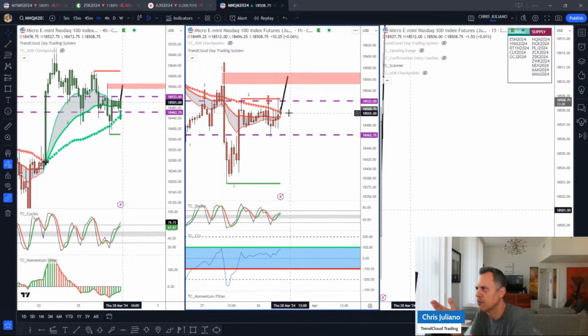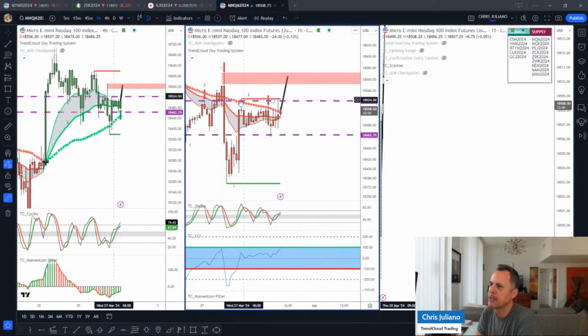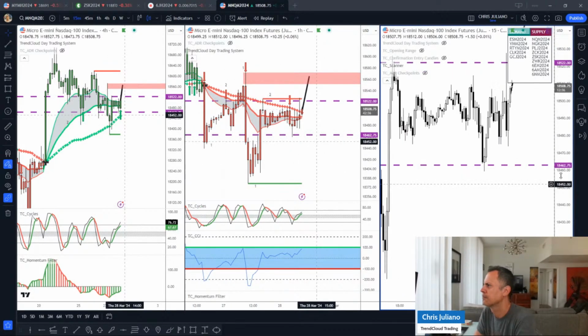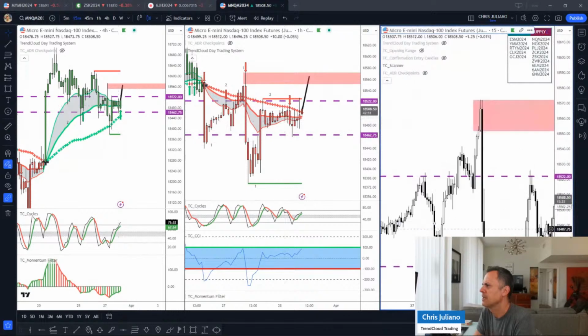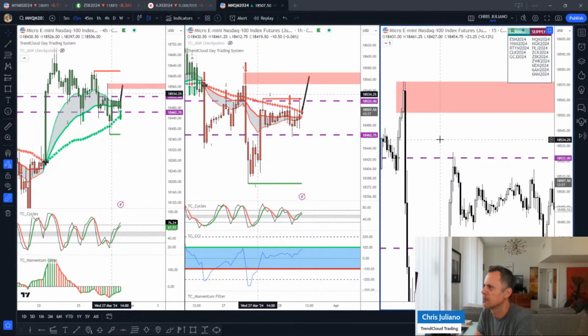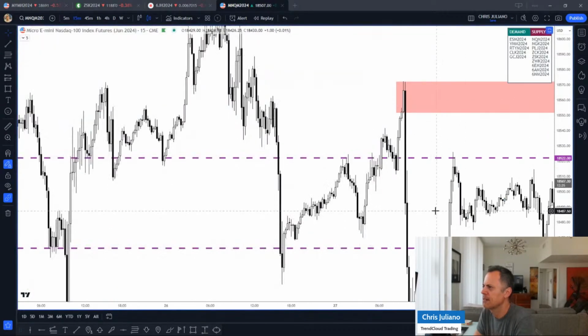So when you're looking at a chart and you're seeing this amazing looking supply zone, I mean, on the 15-minute chart, was it the 15? Yeah, I mean, look at the reaction out of this supply zone.